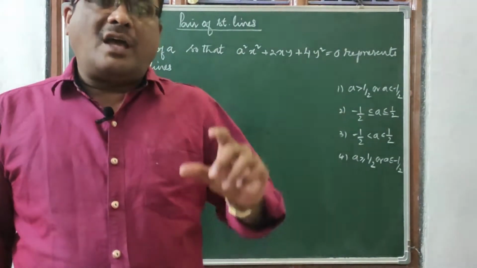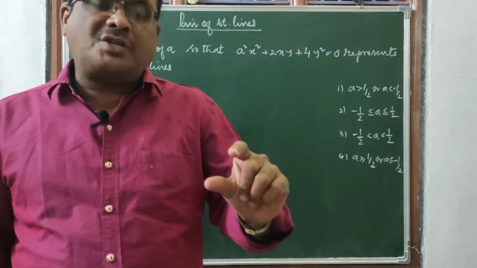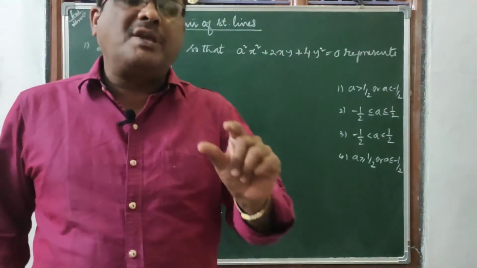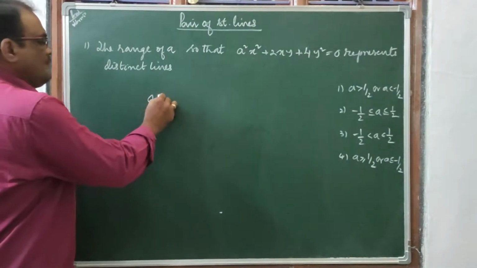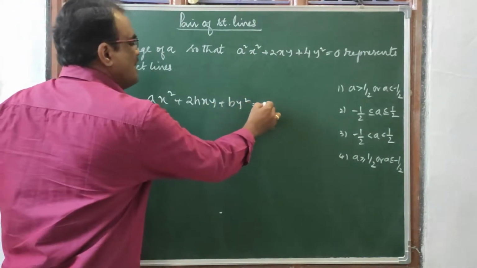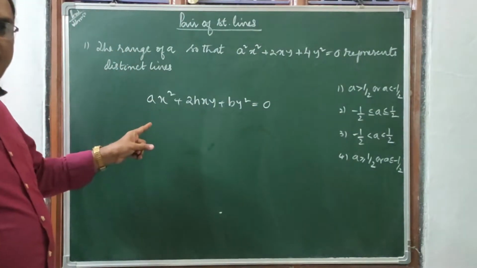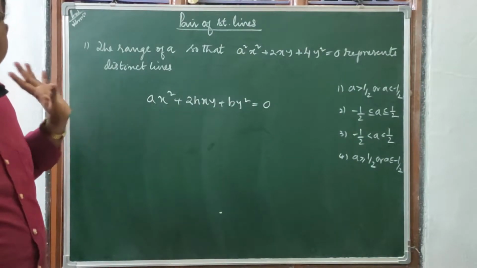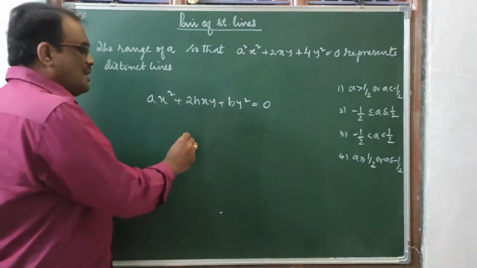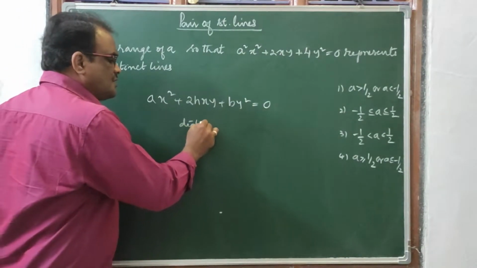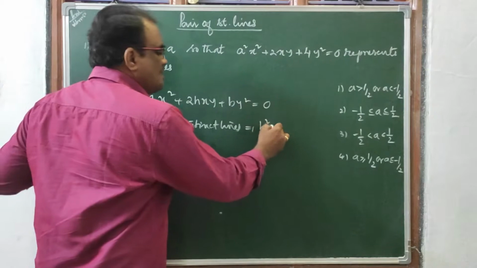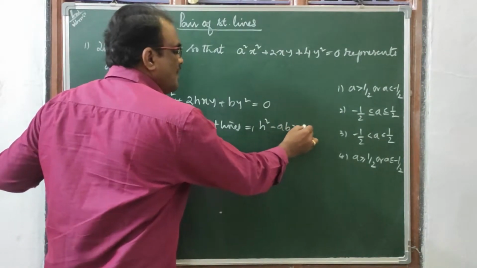If the homogeneous equation is of the form ax² + 2hxy + by² = 0, it represents two distinct lines passing through the origin. The condition is h² - ab > 0.